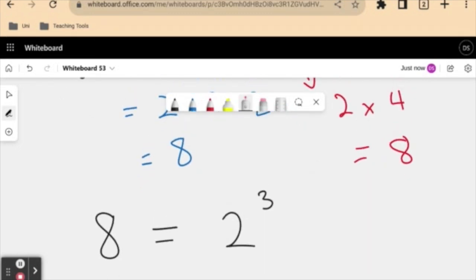Now, why 2 cubed? Well, in the same way that we looked at before, we have 3 2's here, and that is how we got our power. But is there a general law we can come up with when we multiply the same base numbers? Well, there actually is.